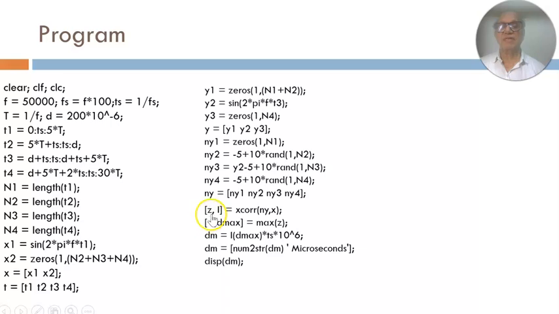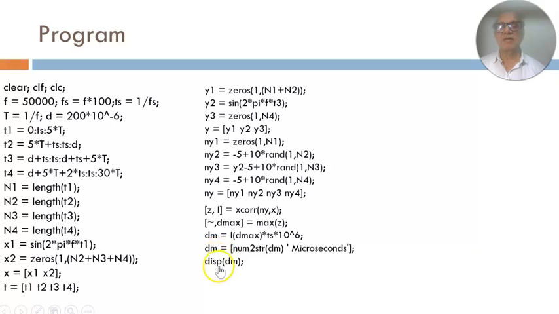Then, as we have already discussed, you calculate your correlation by using the xcorr function. Then find the D max, that is the index for the delay at which the correlation is maximum. You multiply by Ts and multiply by 10 raised to 6 so that you get this in microseconds.